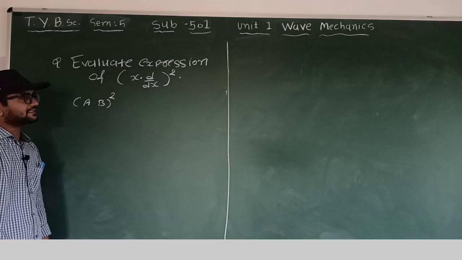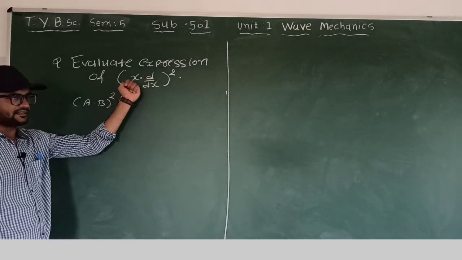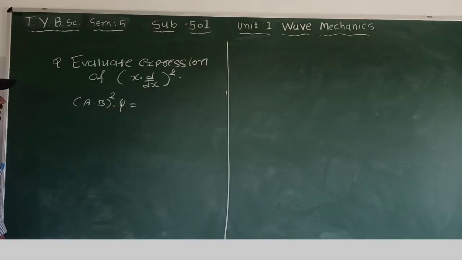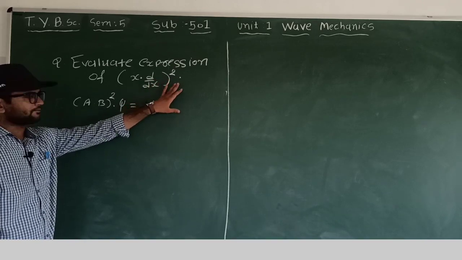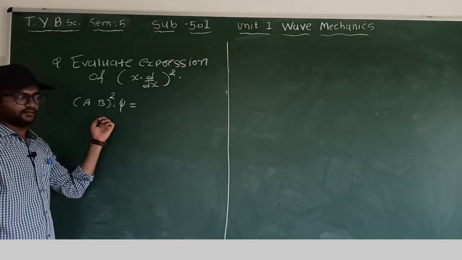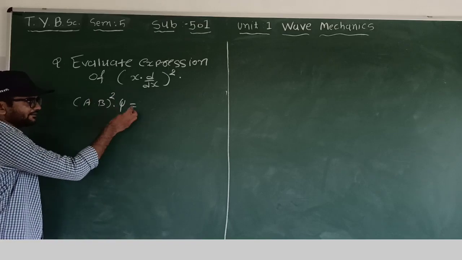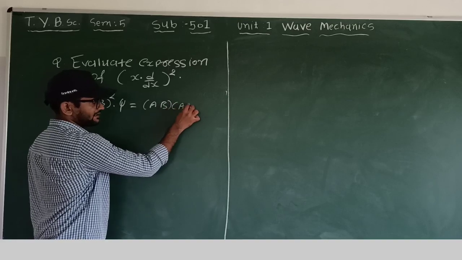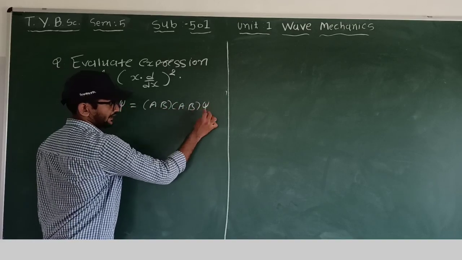Now in this case function is not given, so I will put the function psi. At that time I will use a function that is psi. Okay, so now square of any operator, it means both operators are multiplied two times with function psi.